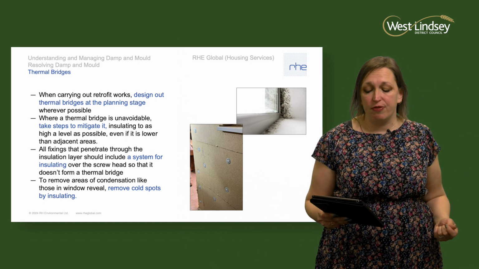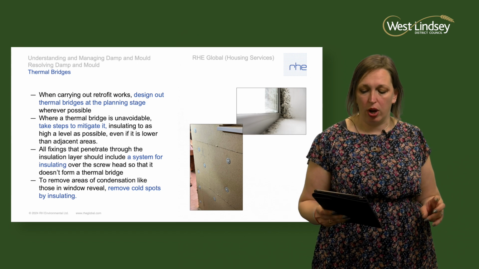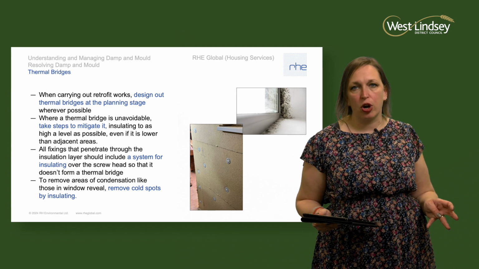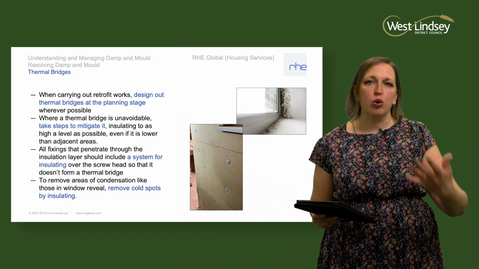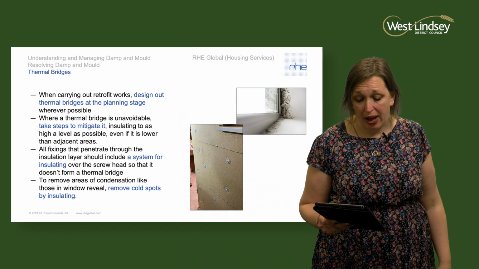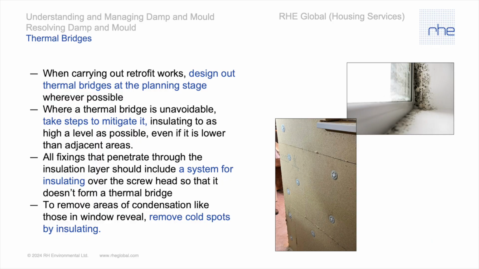If you're having insulation fitted, have a talk with your installer about their consideration of designing out the potential for cold bridges. You know, a good retrofit installer and retrofit assessor will be able to talk to you about that. So one of the pictures on the screen, in the bottom left, is actually some external wall insulation being fitted, wood fibreboard insulation. And you can see on the fittings there's a little white circle in the middle.